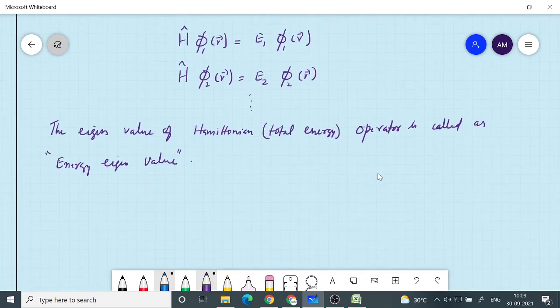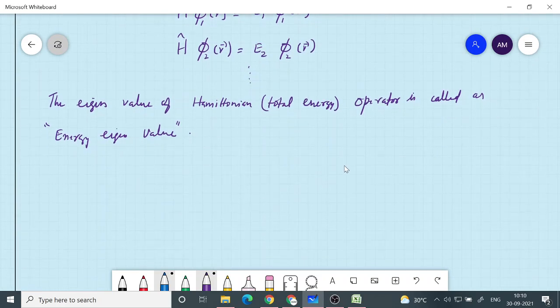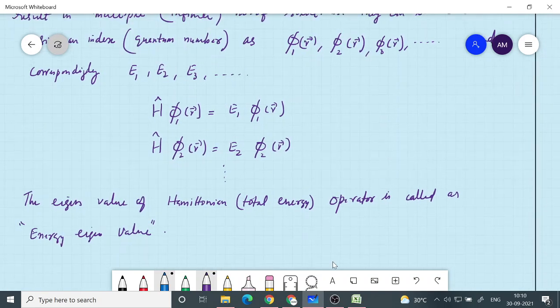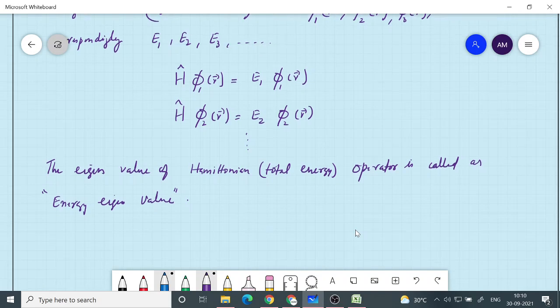So similarly, if you have a different operator, you will have the corresponding eigenvalue of that particular operator. For example, momentum. You can also write down the operator for momentum and solve for the momentum.